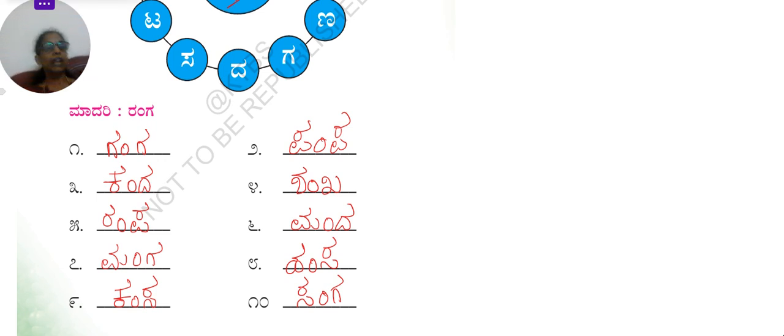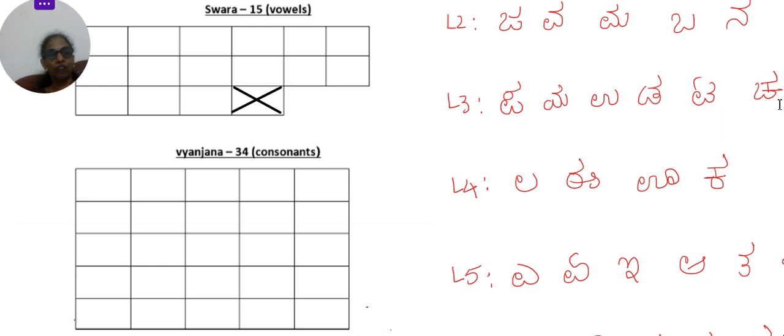So this comes to the end of our alphabet series. Now let us look at writing all the alphabets that we have seen so far. The first is all the swaras. So and aha are swaras. I forgot to mention and aha are swaras.